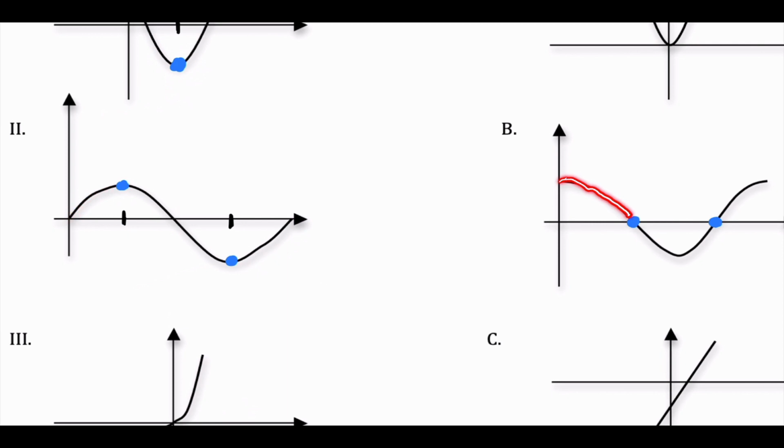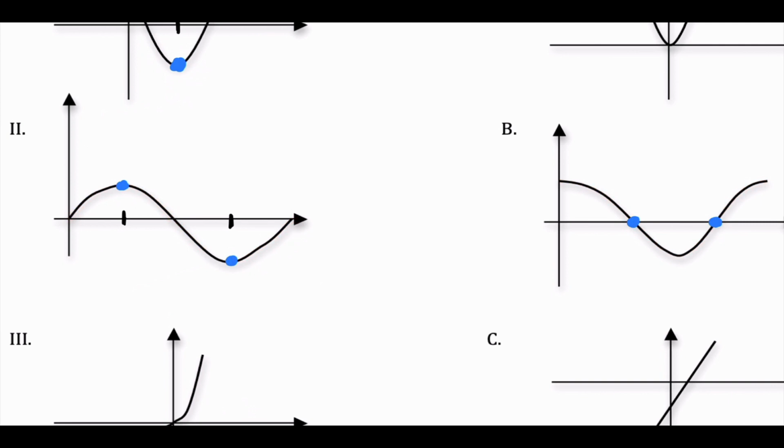Positive means above the x-axis. Then what happens after this blue dot? Decreasing, right? Decreasing means positive or negative slope? So that means below the x-axis. And then after this blue dot, it starts increasing again. Positive slope, above the x-axis. Okay? That's another way of looking at it.